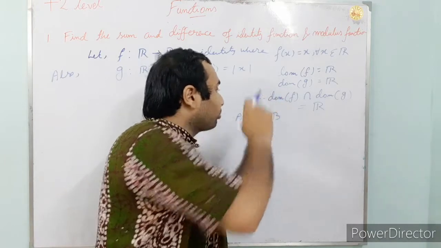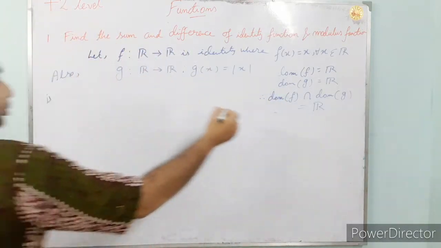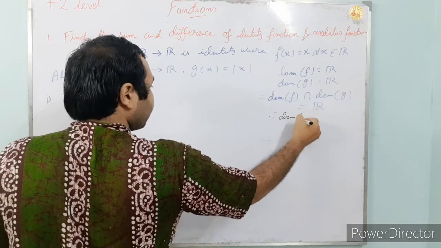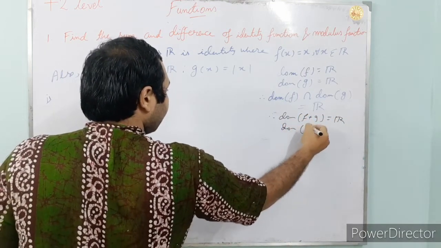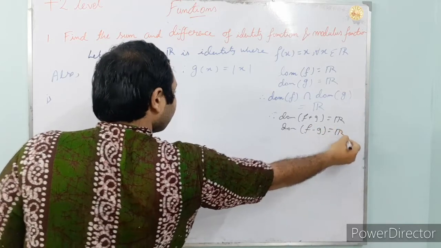That's why we have to find this. Domain of f plus g will be R, and domain of f minus g will also be R.